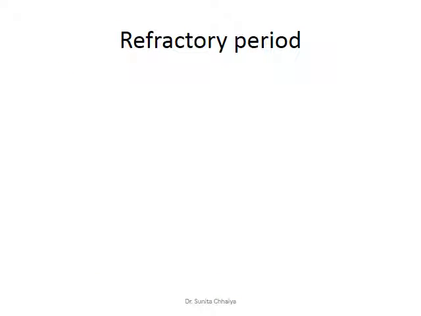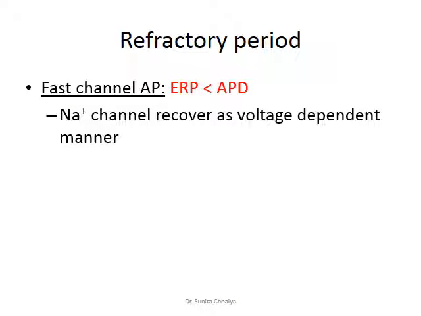Difference in the duration of the effective refractory period in a fast channel and in a slow channel. In a fast channel action potential, the effective refractory period is shorter than the action potential duration.